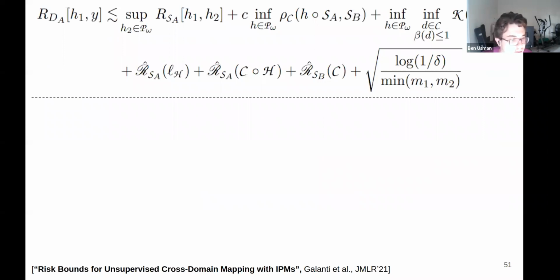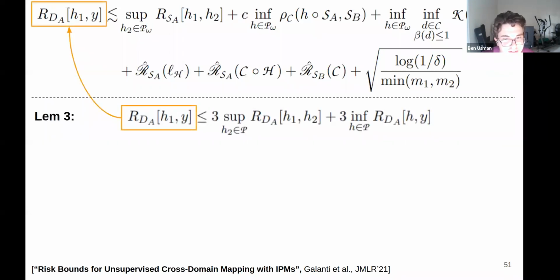So I might actually just skip over some of the details. At the top, I have the full bound, and it is derived in 3 steps. First, we will prove that the distance can be bounded by the variance of possible solutions and the prediction error of the best solution.